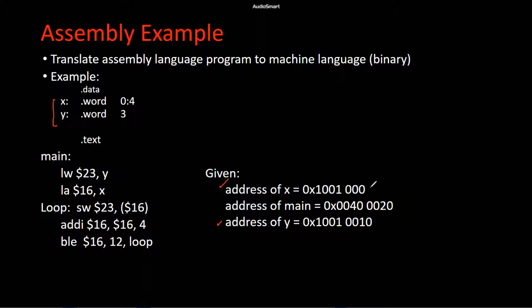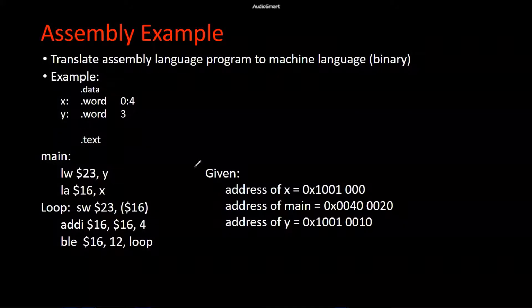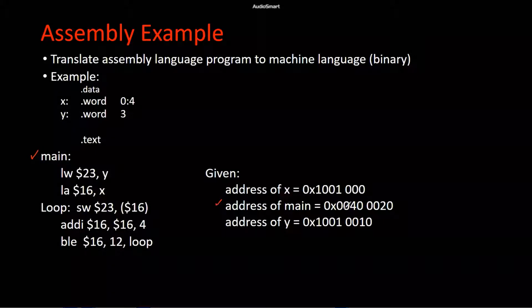And that is actually here, 0 missing. So here we also have the main label, and we have the address of main given to us. We have a total of 5 instructions. So you see there's 5.